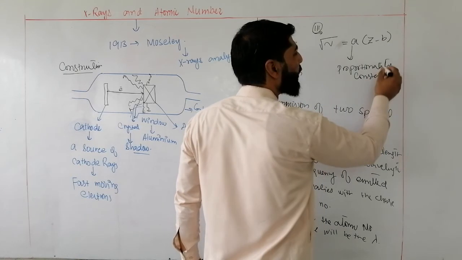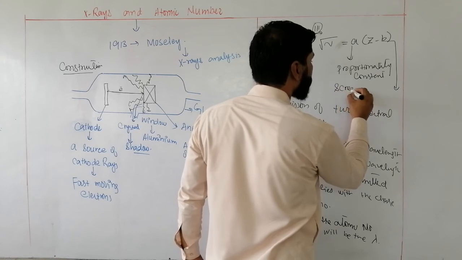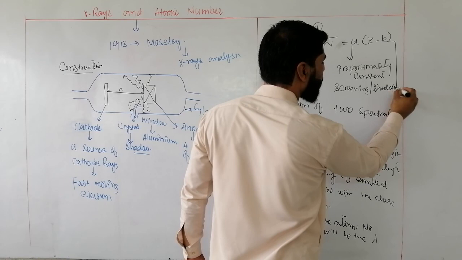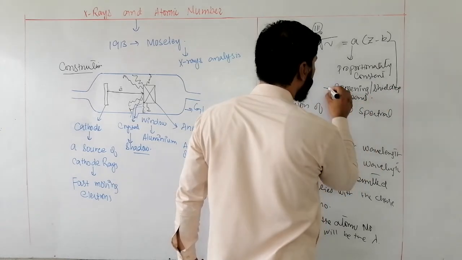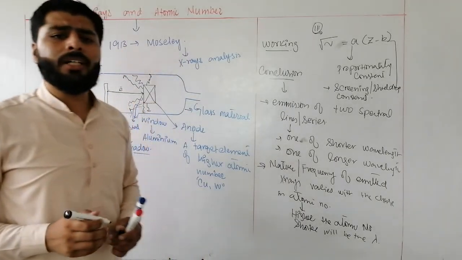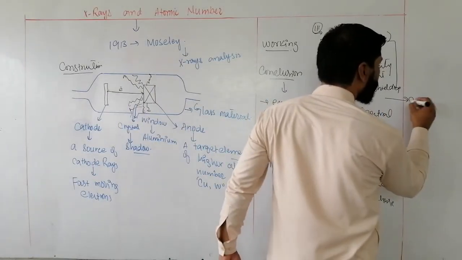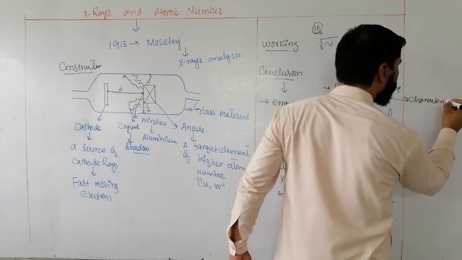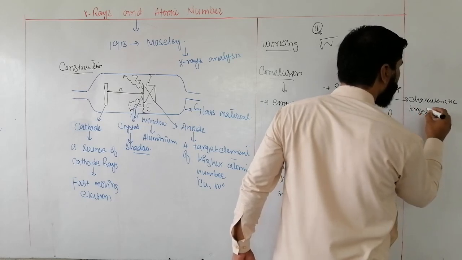What is B? B is the screening or shielding constant. It is the characteristic of the target element.